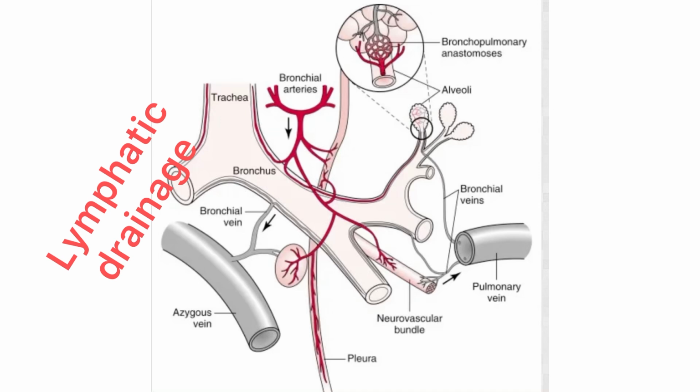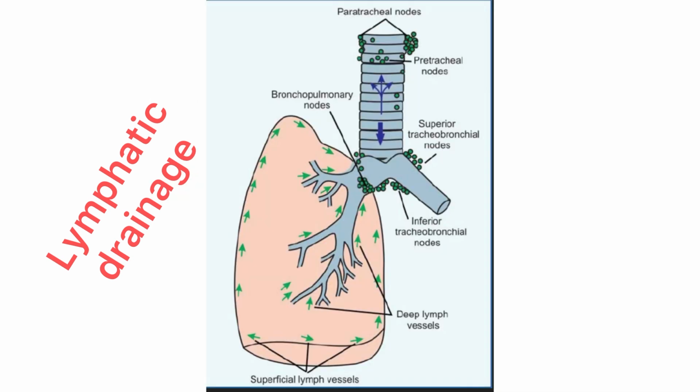So let's talk about the lymphatic drainage of the lungs. The superficial lymph vessels drain into the peripheral lymphatic tissues, while the deep lymphatics will drain the bronchial tree, the pulmonary veins, and the connective tissue septa.